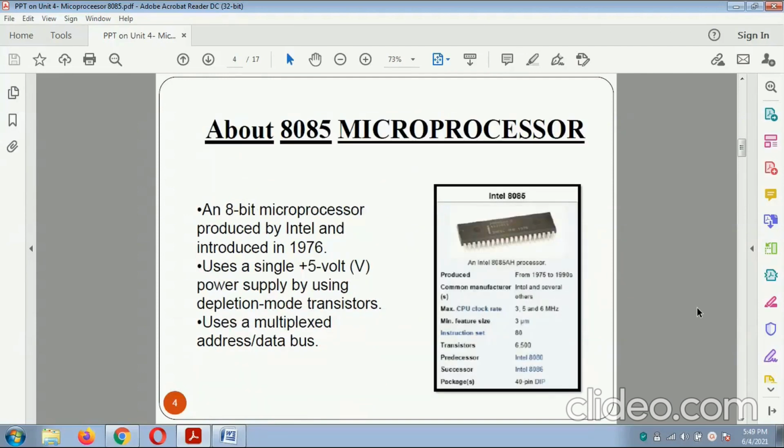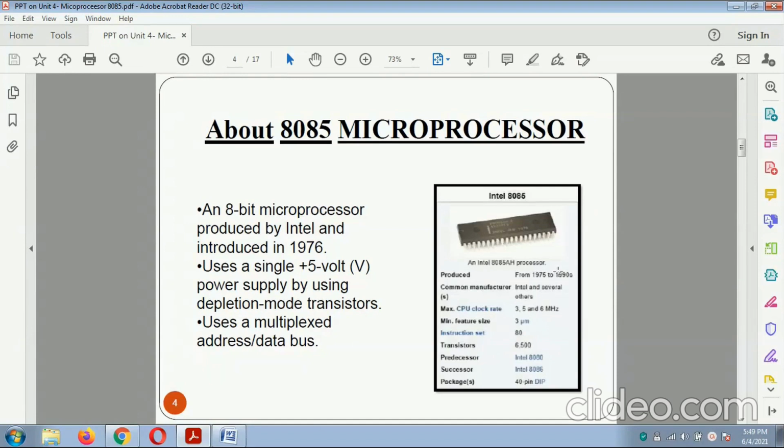About the 8085 microprocessor. It is an 8-bit microprocessor produced by Intel, introduced in 1976. It used a single positive 5-volt power supply, used depletion mode transistors, and a multiplexed address or data bus.